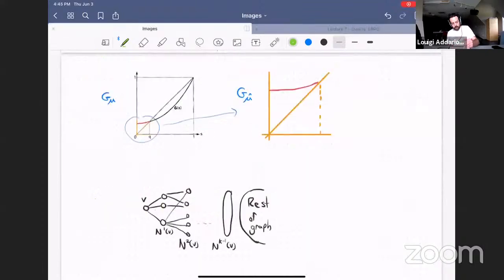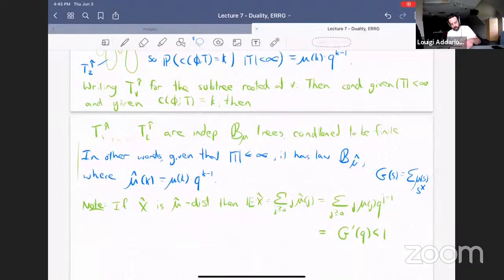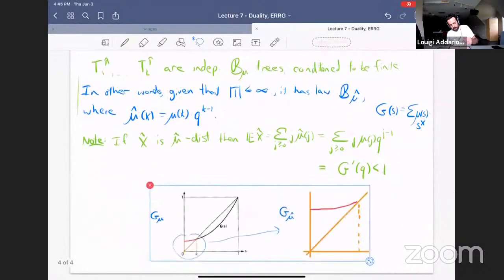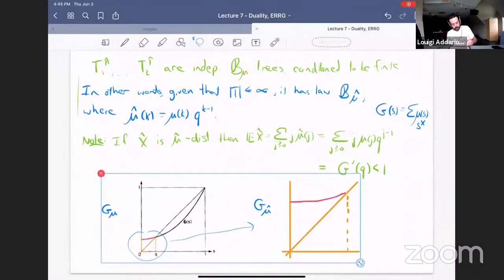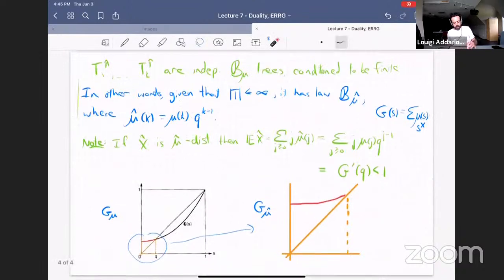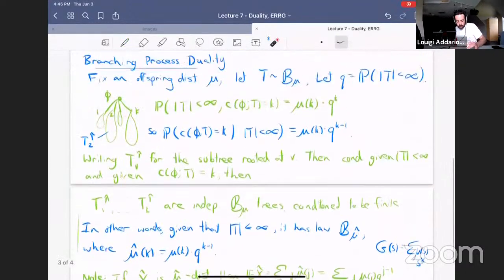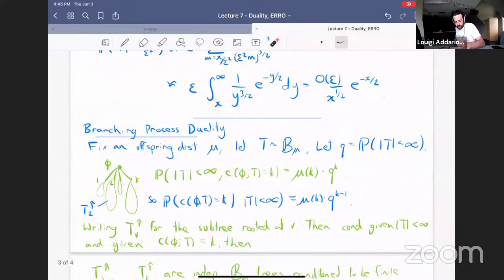So if we remember the picture, I'm going to just pull it over from the proof of the fundamental theorem of branching processes. Let's just focus on the case where we started with a supercritical branching process, so the initial mean was greater than 1.